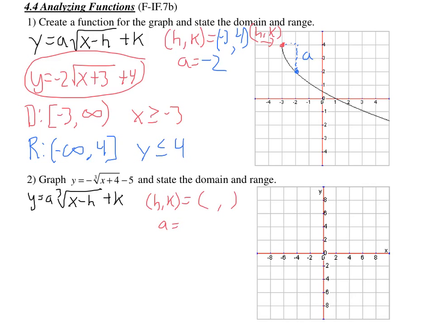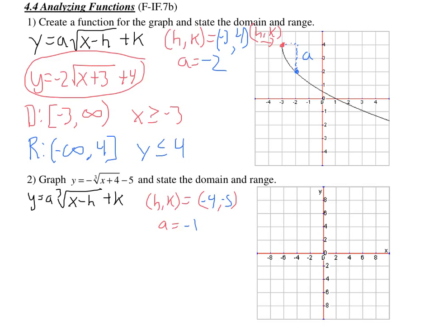By looking at the equation we're given, we're going to find h, k, and a. So my h, k is going to be these two numbers, this and this. Remember, h is always opposite. So it looks like it'd be -4, -5 is my h, k. And my a value is the number in front, and that'll be a -1.